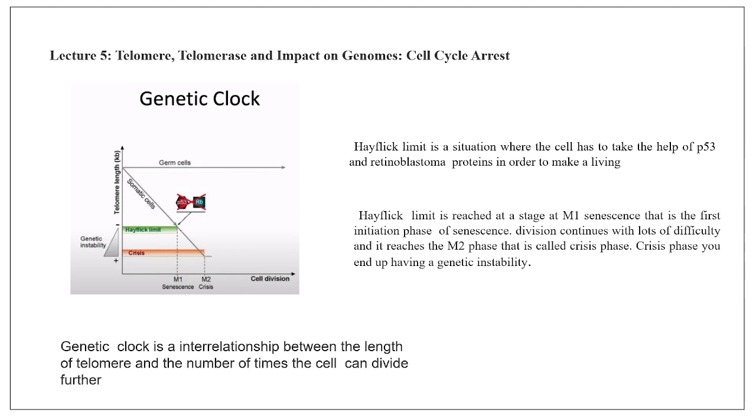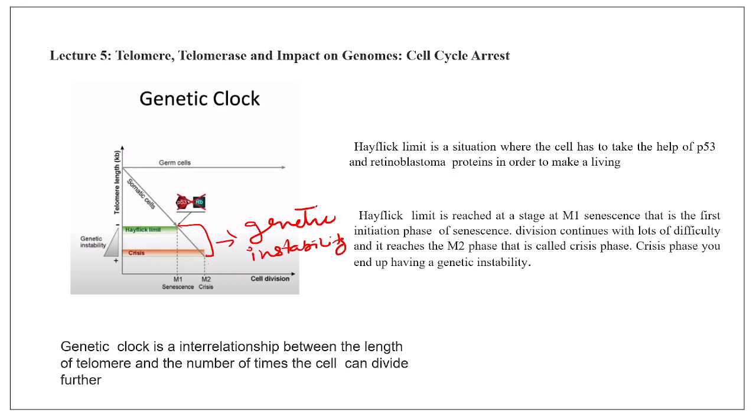But if a cell crosses this Hayflick limit and keeps on replicating, then this portion leads to genetic instability, because the chromosome is saying to the cell, please let me die, because I am no more a functional chromosome.